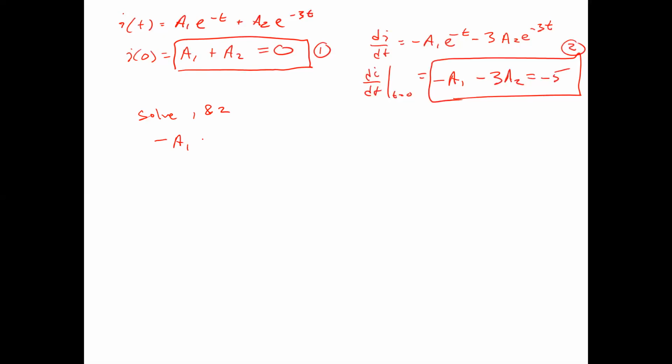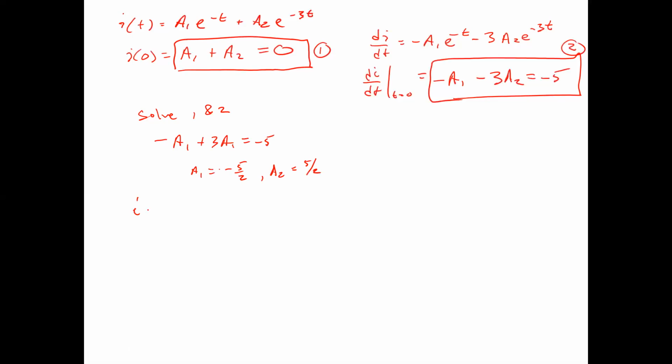Wait, oh, because a1 plus a2 equals 0, a2 equals minus a1. So minus a1 plus 3a1 equals, it's a pretty easy one to solve, -5. So therefore a1 equals -5/2, a2 equals +5/2.